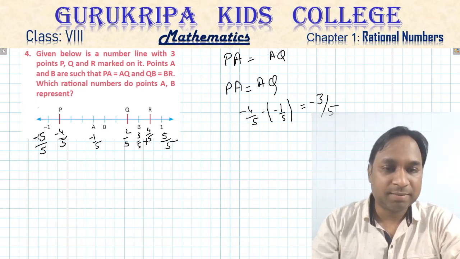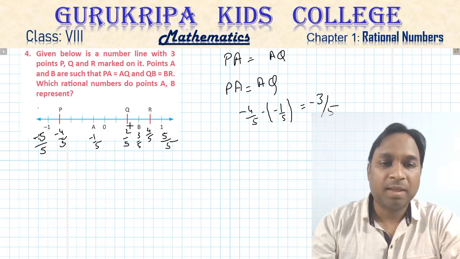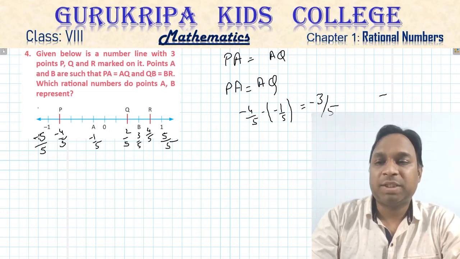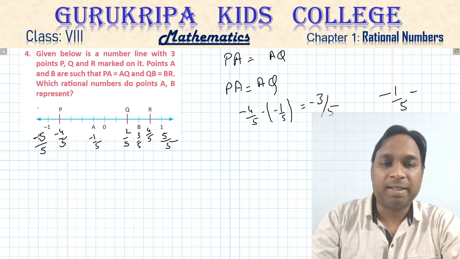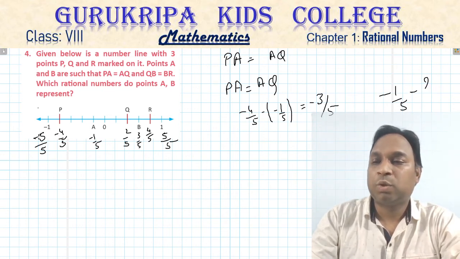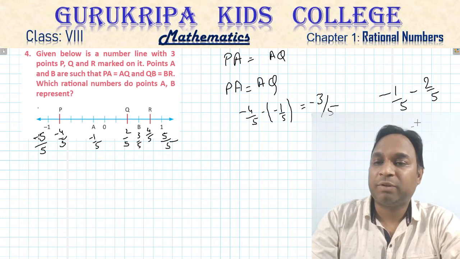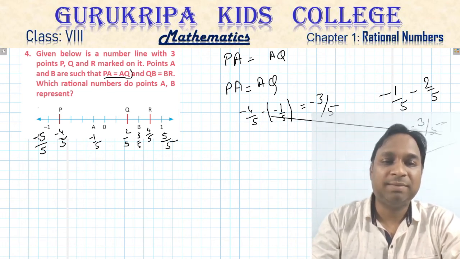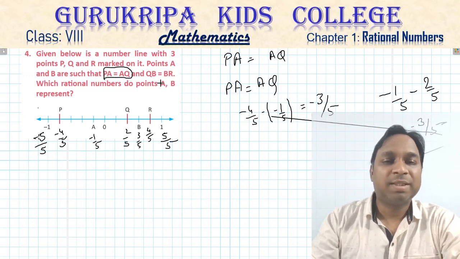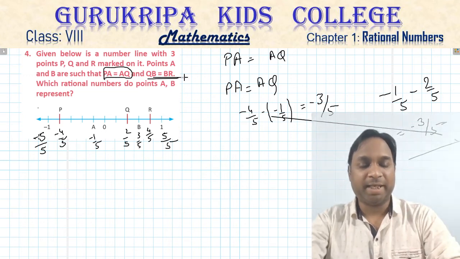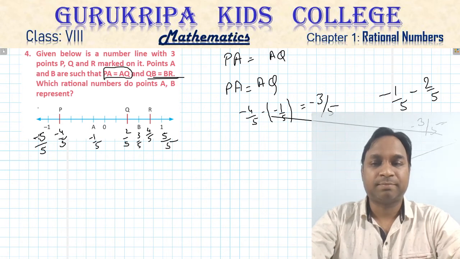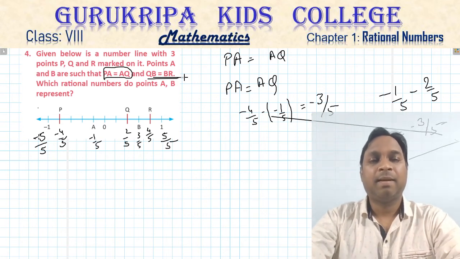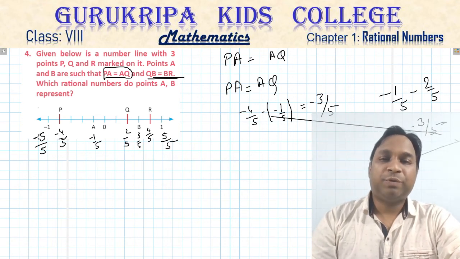And AQ is minus 1 by 5 minus 2 by 5. That is equal to minus 3 by 5. Isn't it? PA is equal to AQ. Done. Similarly, you can check for QB and BR. You can get that also. Okay. Should I move to the next question?